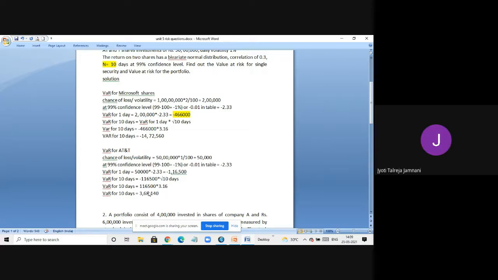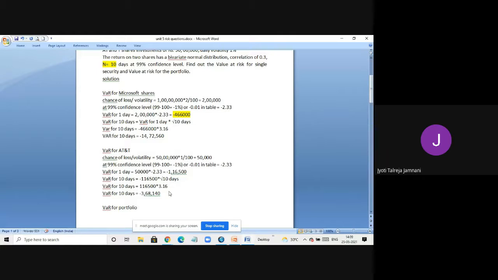So this is minus, this is the loss for 10 days on the stock of AT&T. So we have found out how much will be the maximum loss individually for each stock. Now they have asked you to find the value at risk for the portfolio also. So we will write value at risk for portfolio.